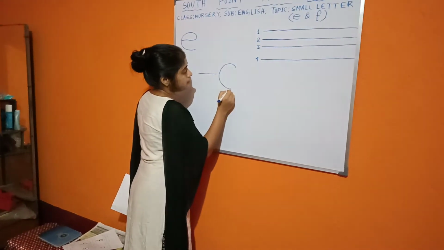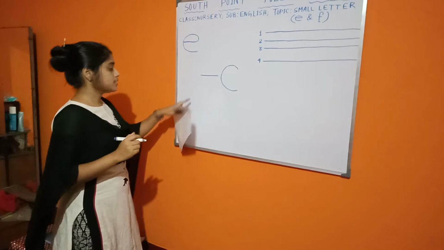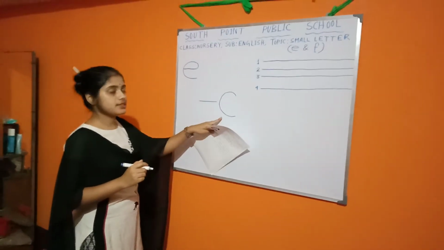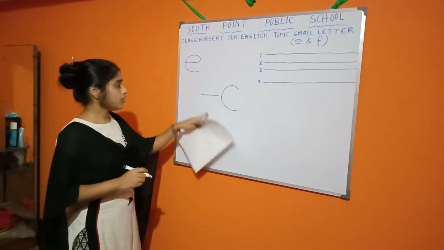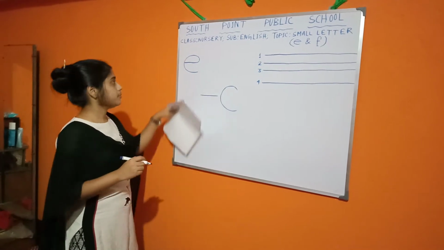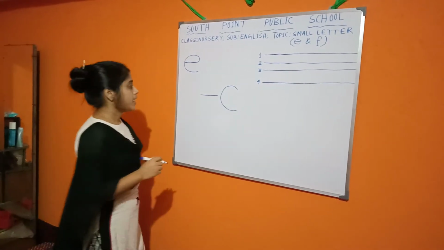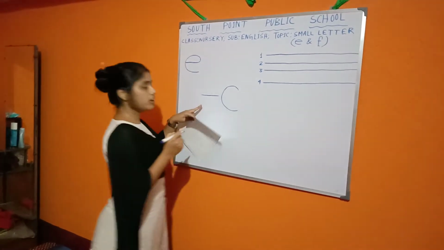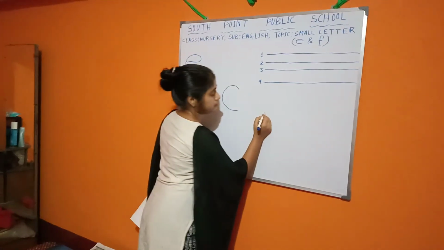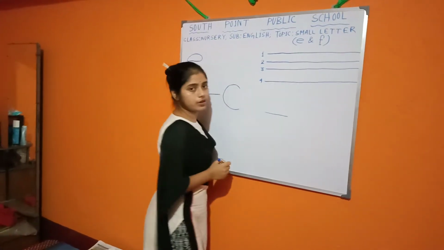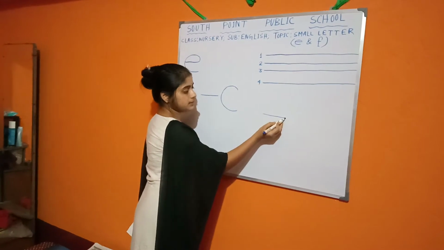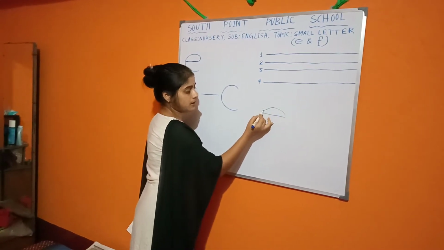Okay? Like this. This is a small sleeping line and this is a curved line. With these lines, we can make E. At first, the small sleeping line. Then the curved line.